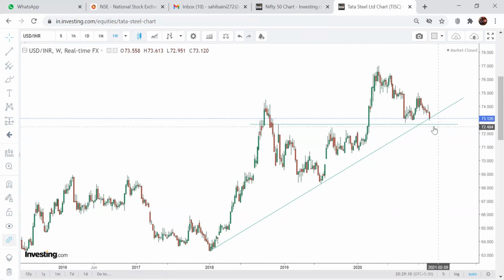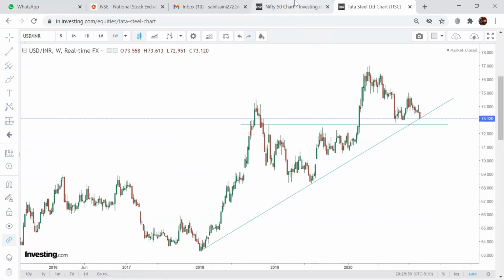This low should not break from this point if it wants to go upside. And for India as a country, it's good if the Indian rupee appreciates and the dollar price decreases. It's good for India. So let's see how it went.